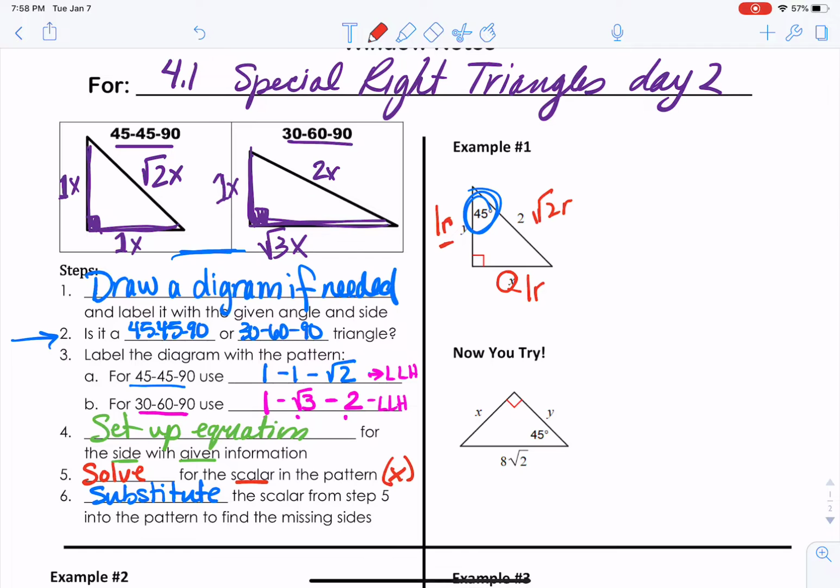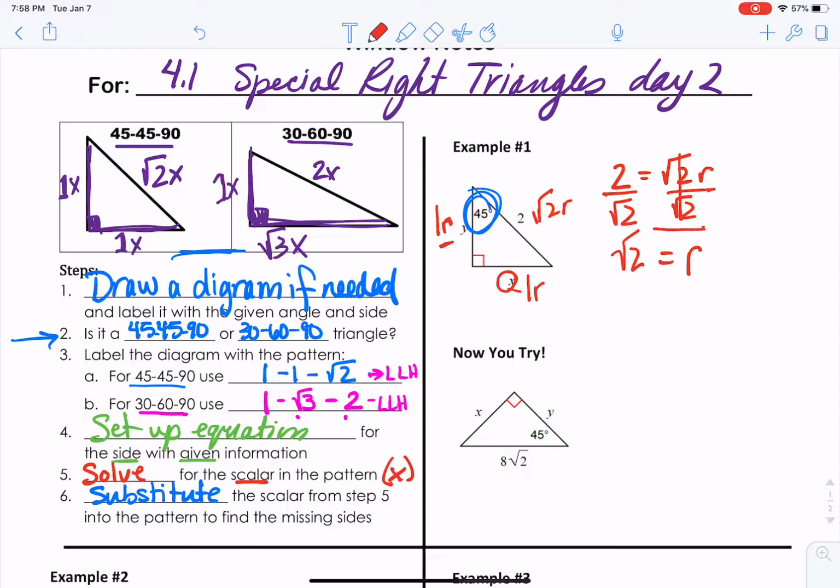I can solve that. So then we have 2 equals the square root of 2r. So we divide by the square root of 2. That becomes 1. Divide by the square root of 2. And r, when you use the magic of the yellow calculator, this becomes square root of 2.